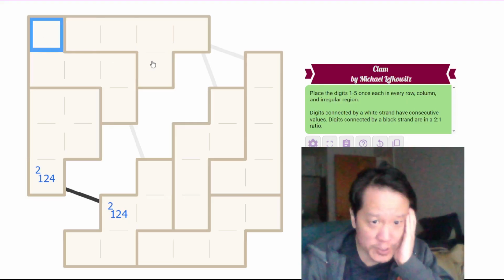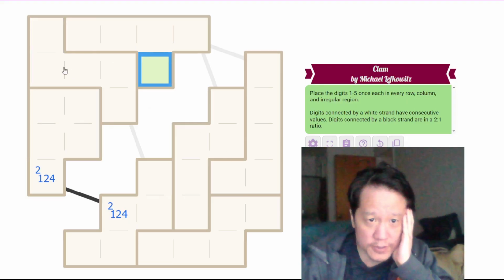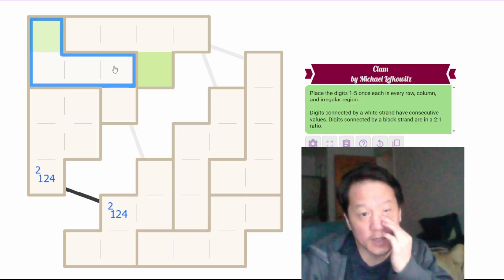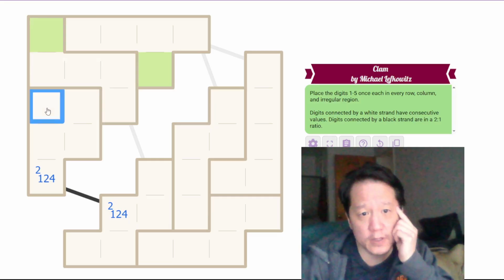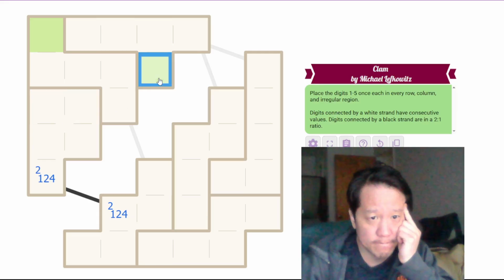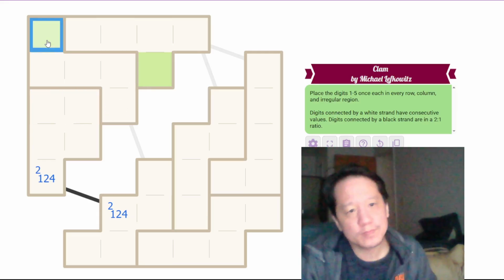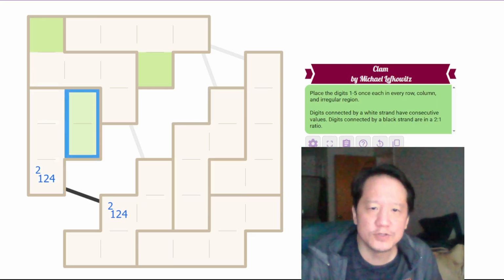So this digit must be the same as that digit, guaranteed. Cannot be here. Cannot be here. This digit must be one of these 2 digits here.